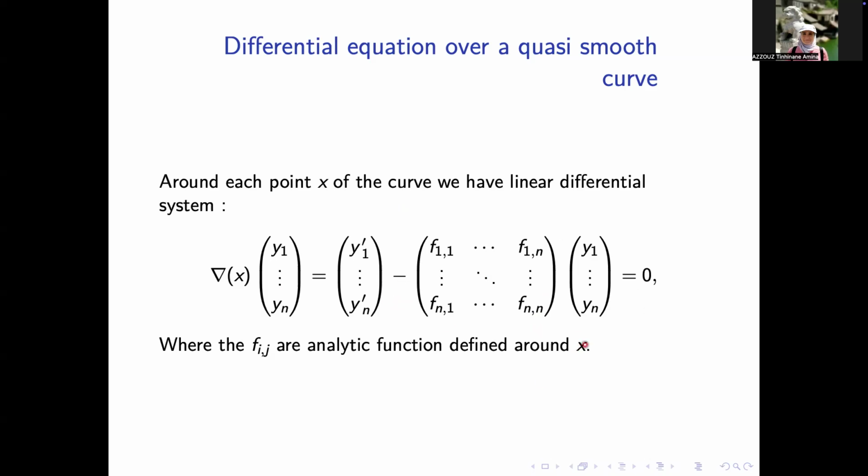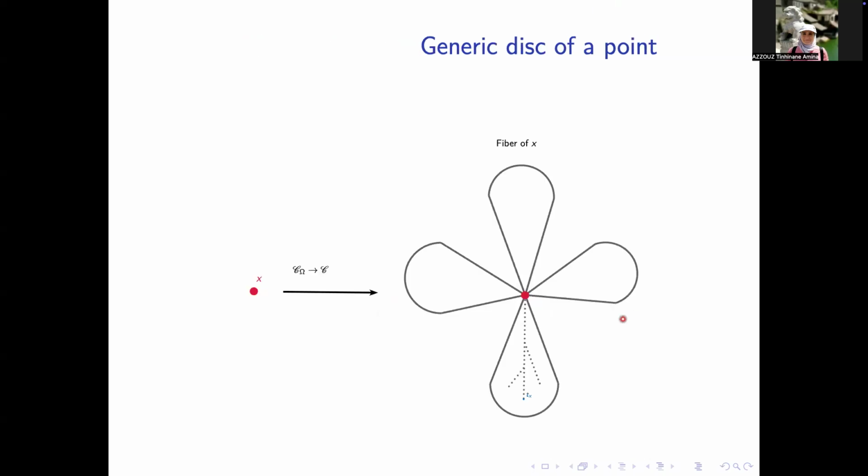But for example, to say the solution around X, we need to explain more. It's not quite obvious how it behaves. The thing is that if X does not belong to CP, for example, then there is a way to make it in some sense like that.